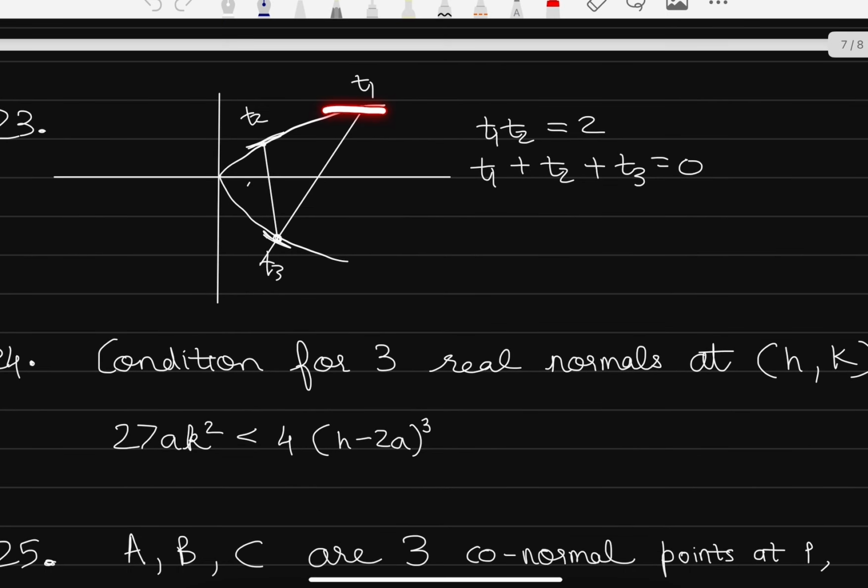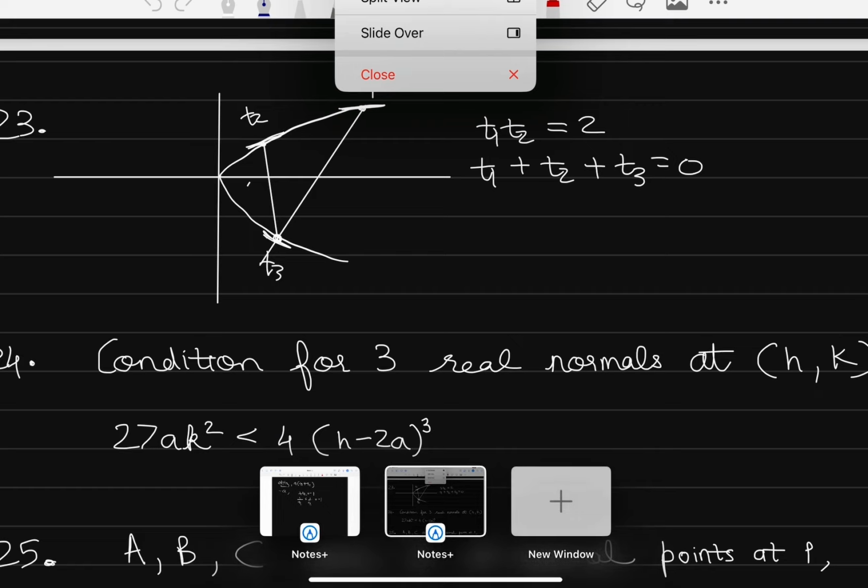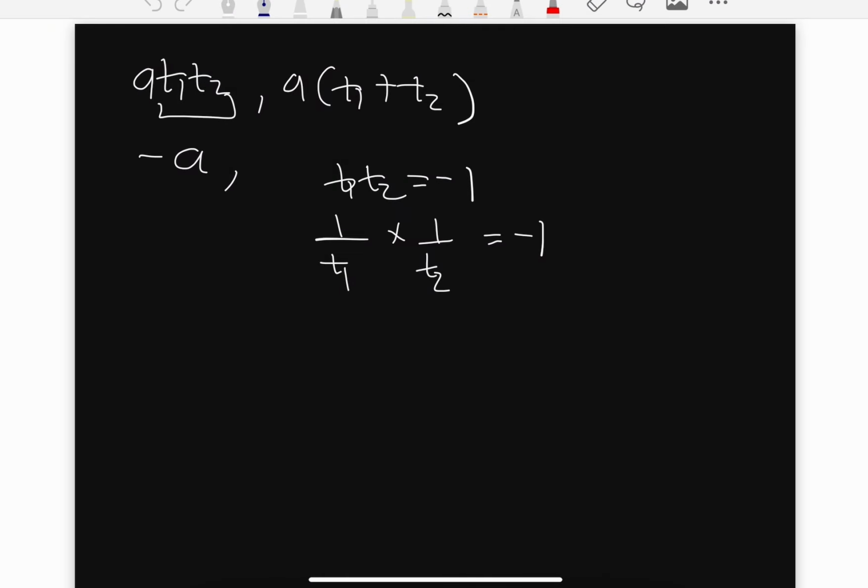Next property. There are 2 points on the parabola, T1 and T2. The normals at T1 and T2 meet at a point on the parabola, T3. So T1 T2 equals 2 and T1 plus T2 plus T3 equals 0. We can prove this.